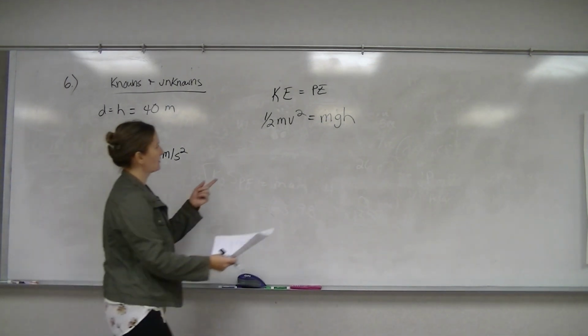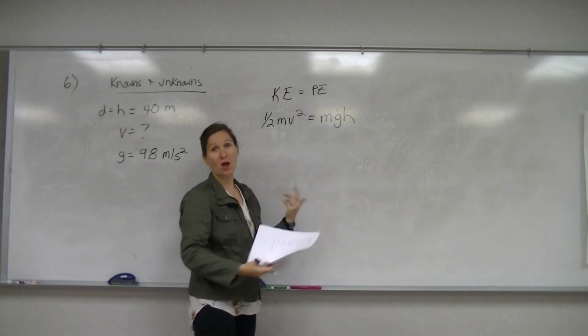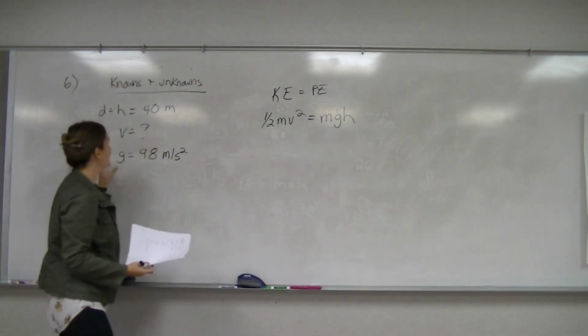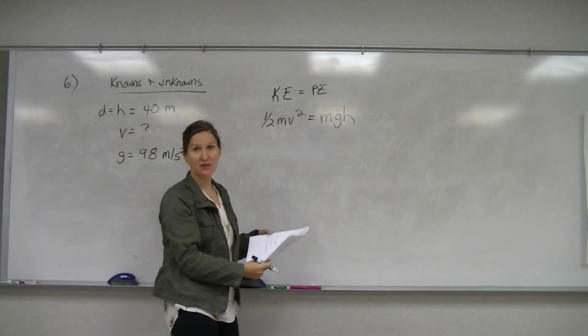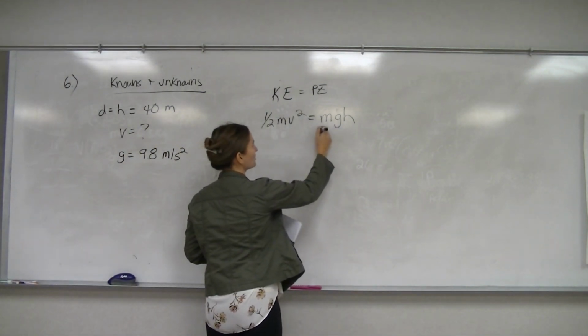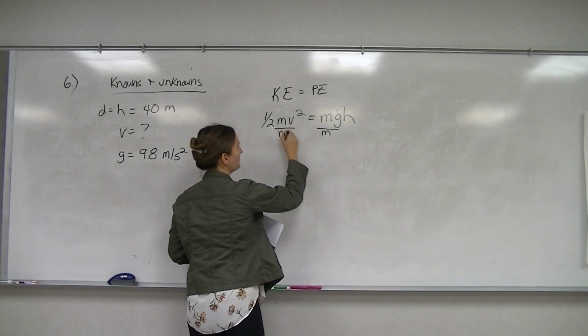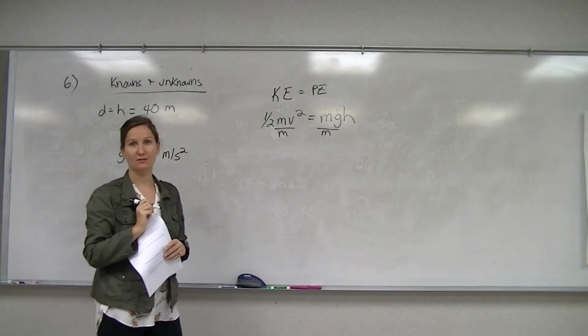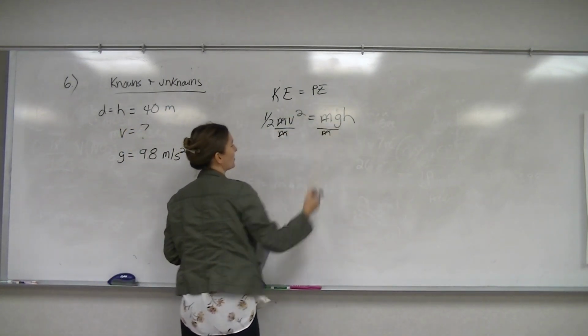So notice, I have mass on both sides. That's the mass of the object in question. In this case, I'm talking about a person. Since mass is on both sides of the equation, I can divide both sides by m to cancel mass out. What that means is I don't need to know the mass of the person because it's the same on both sides.